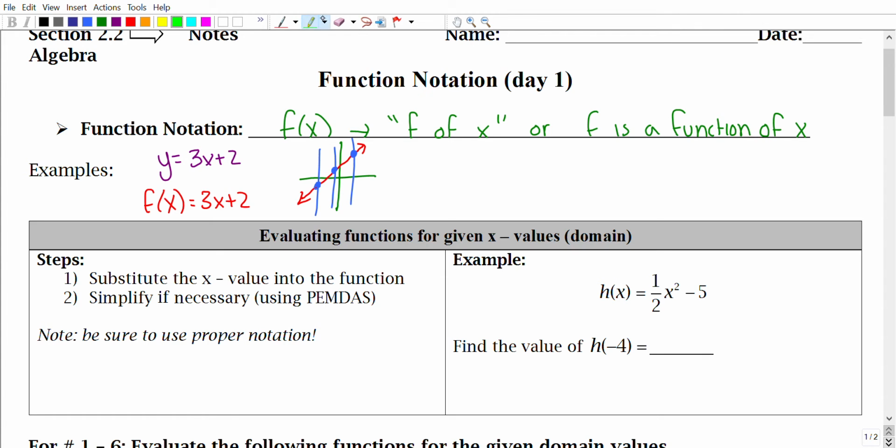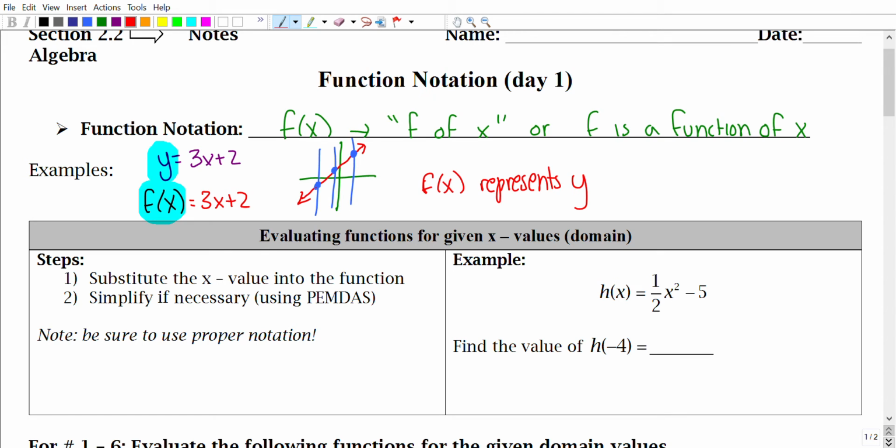So one quick thing to note here, guys, is that this was just replaced by the f of x. So the y was replaced by the f of x. So here off to the side, f of x represents y.